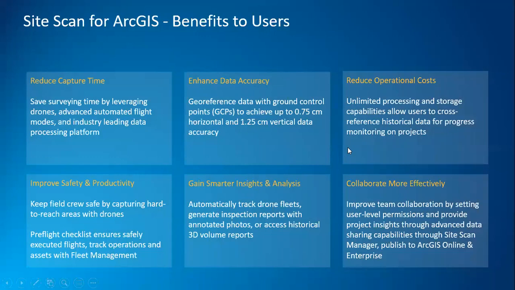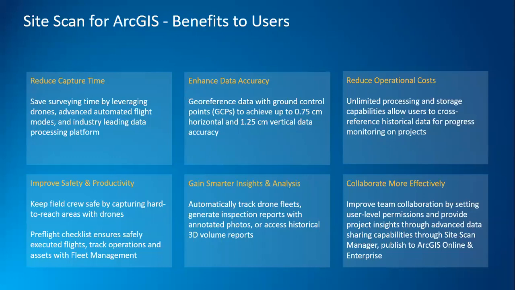To highlight the benefits to users, as I mentioned earlier, it reduces capture time and saves surveying time. If you have the drone, you can collect the data, then do processing and analysis step by step and very quickly.